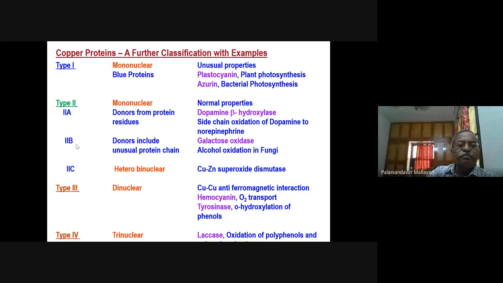And the type 2b proteins will be having donors from protein side chains like the imidazoles, and in addition you will have some unusual protein side chains. This is the most interesting aspect.